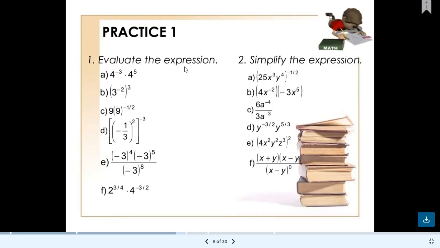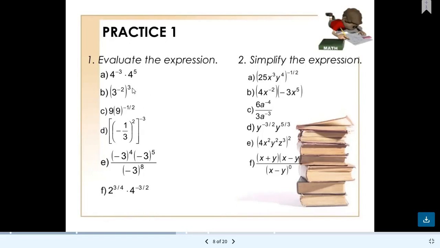So 256 over 64. Tama ba? Basta 4 raised to 5 over 4 raised to 3.